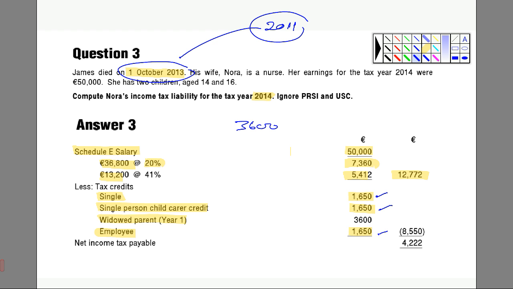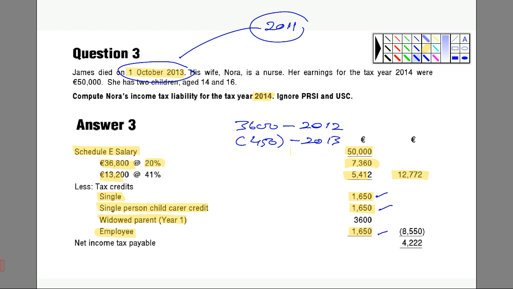Well, year 1 must have been 2012, therefore year 2, if we take 450 off it, would have been 2013, etc., etc. So what they've done here is slightly confusing, but not as confusing as they could make it.